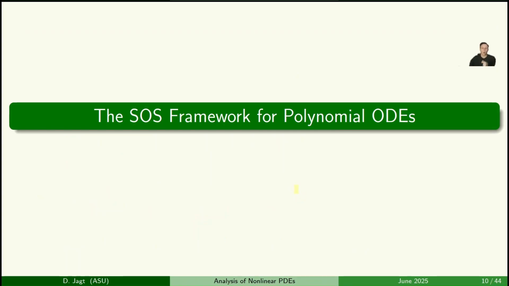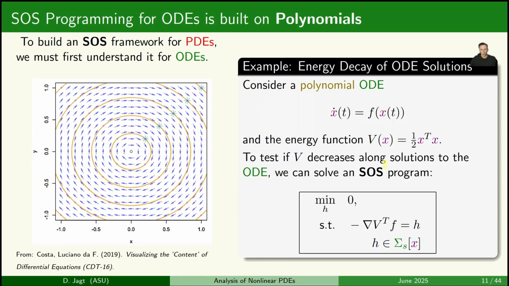Understanding the SOS framework for polynomial ODEs, and in particular, understanding what it is about these polynomials that allows us to perform SOS programming. And for this, let us consider a very simple SOS program. Namely, instead of looking for a Lyapunov function, let us fix a polynomial function v, such as this energy function, so that the level sets here will be just circular.